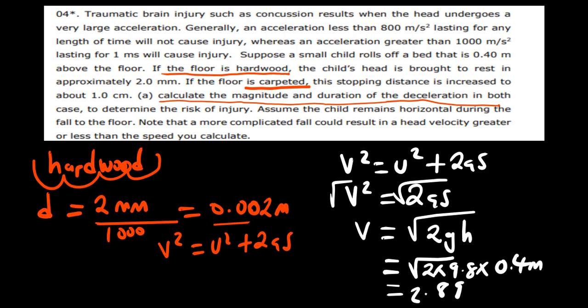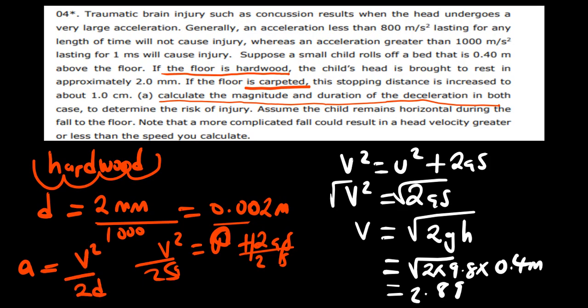To find the acceleration, we divide by 2s on both sides so that we remain with a. Therefore the acceleration is v squared over 2s, where s is the distance.